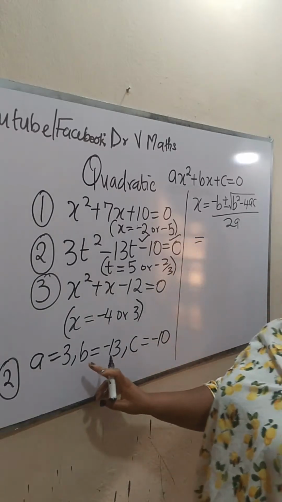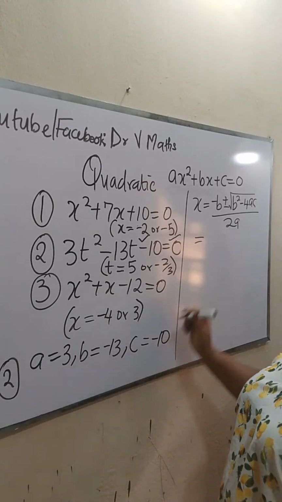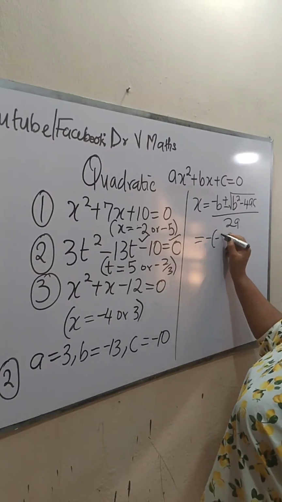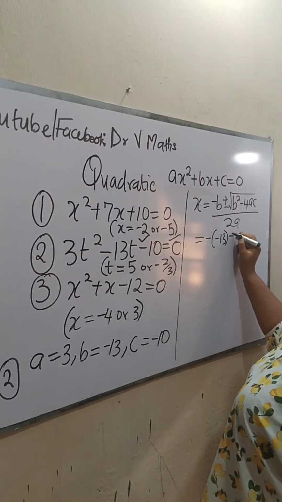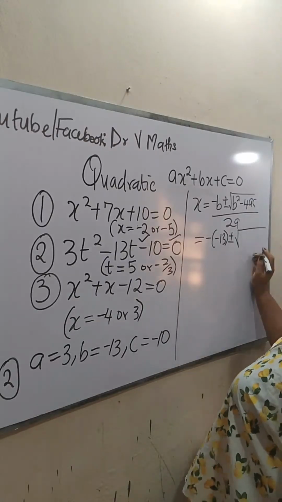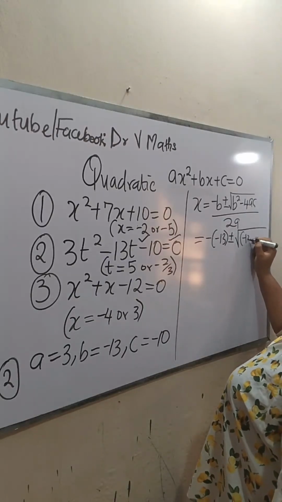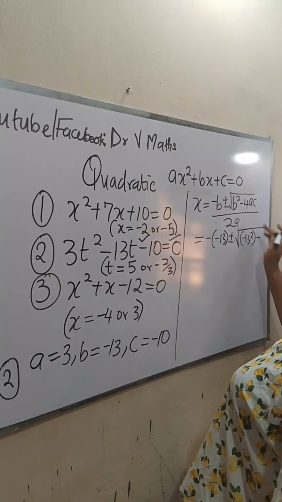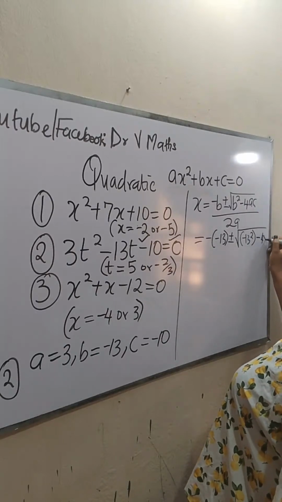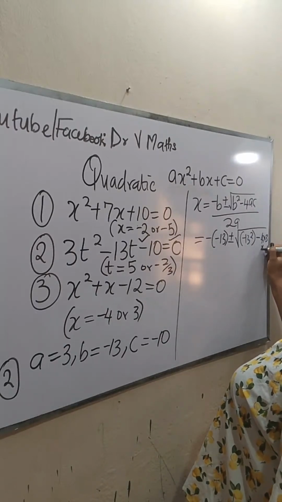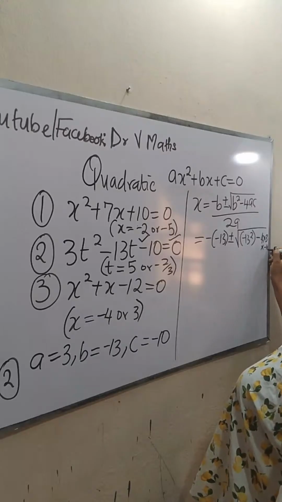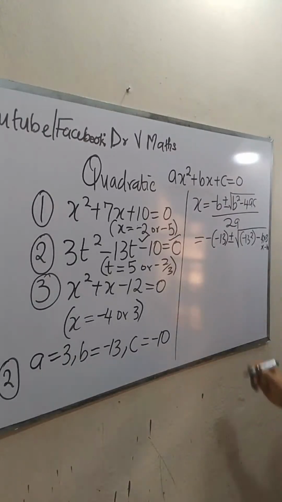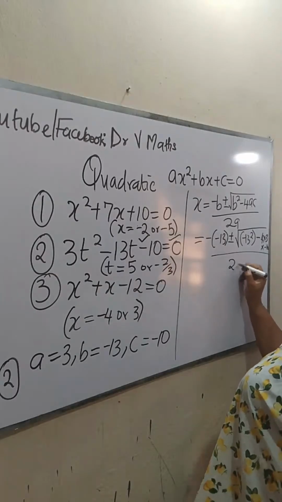So our b is minus 13. So that is minus 13 plus or minus the square root of minus 13 squared minus 4. Our a is 3 and our c is minus 10. All right. All over 2a, 2 times 3.